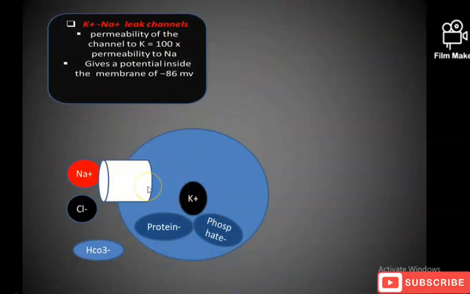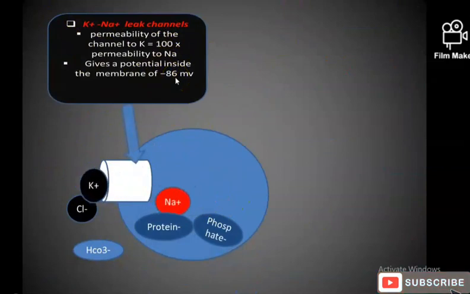This creates a relatively negative environment in the intracellular compartment because of the loss of positively charged potassium ions. The sodium potassium leak channel creates a resting membrane potential of minus 86 millivolts.